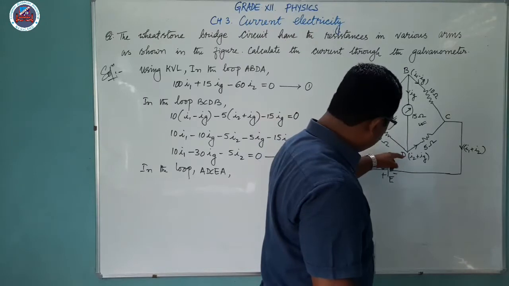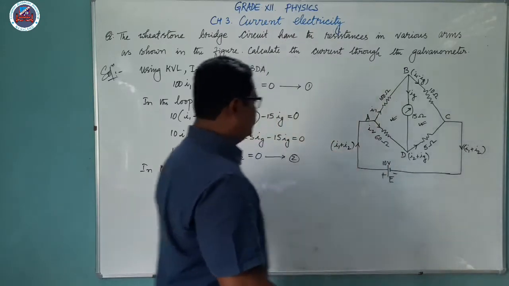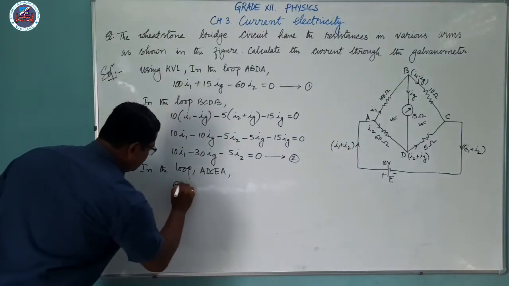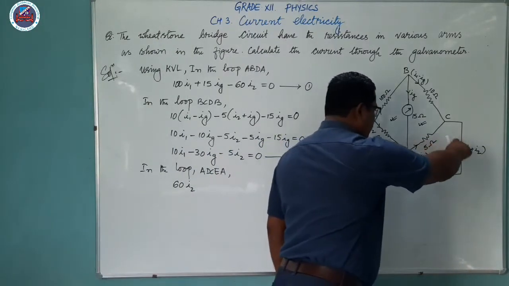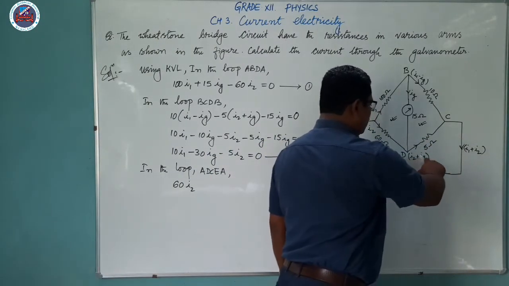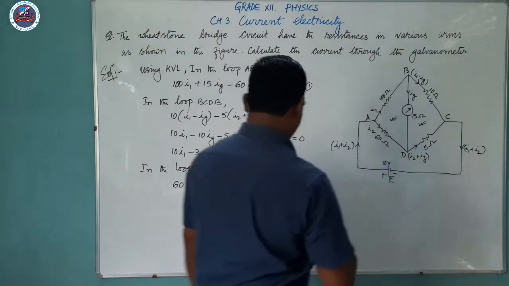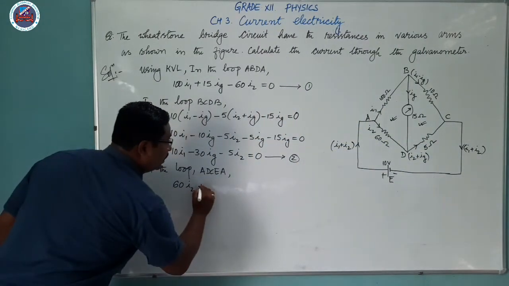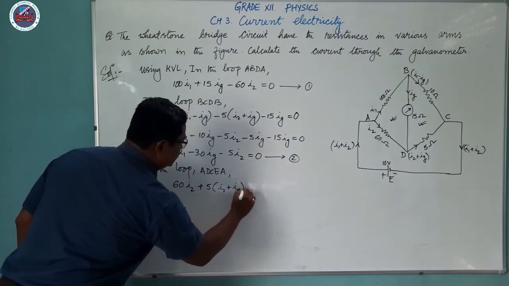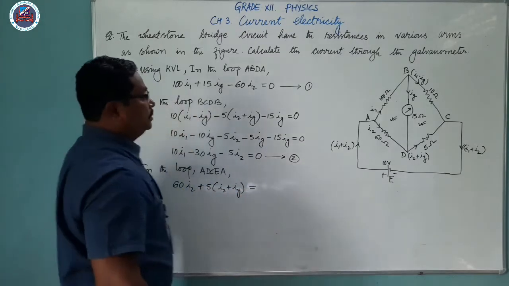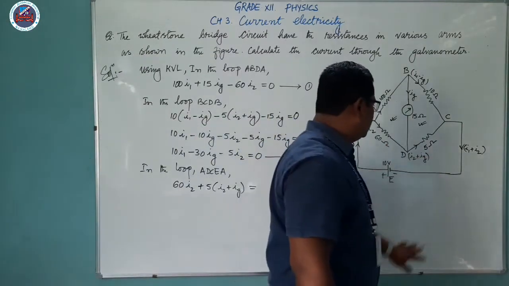This is showing like this, so it's clockwise, so positive 60 I2. Then this one is also showing this way, so positive 5 times I2 plus Ig. There are no more resistances.